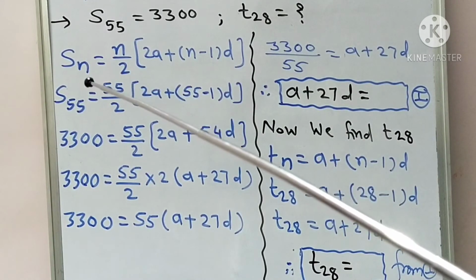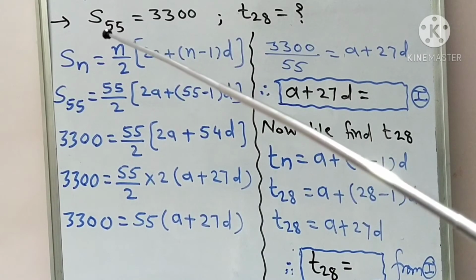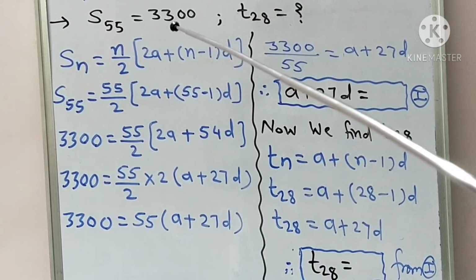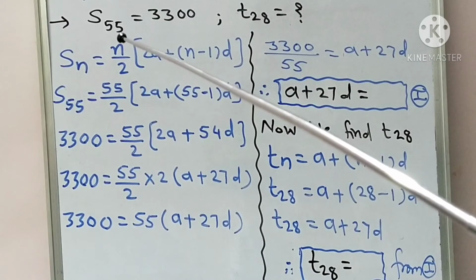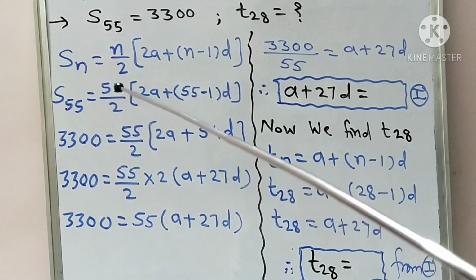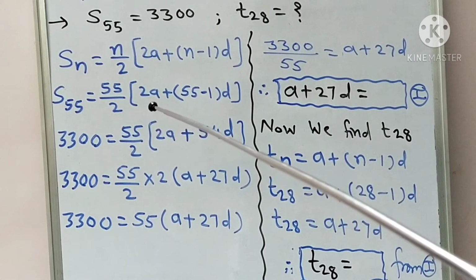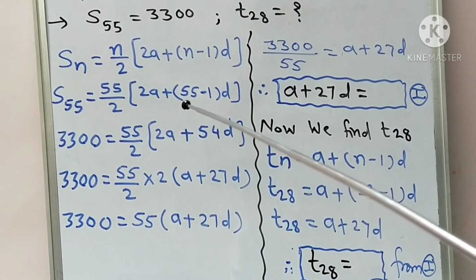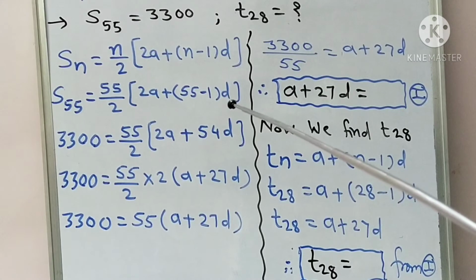Why do we use the formula of Sn first? Because we know that S55 is 3300. So we put the value of n as 55. So S55 equals 55 upon 2, in bracket 2a plus 55 minus 1 into d.